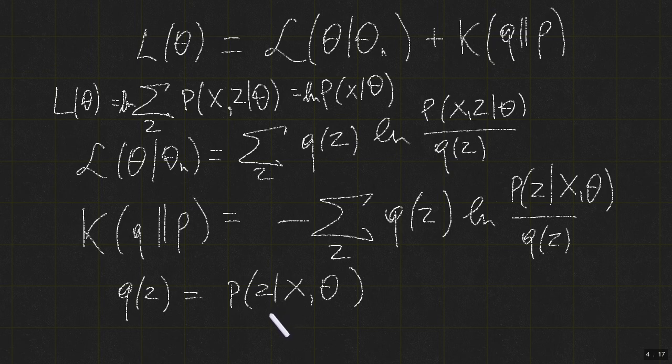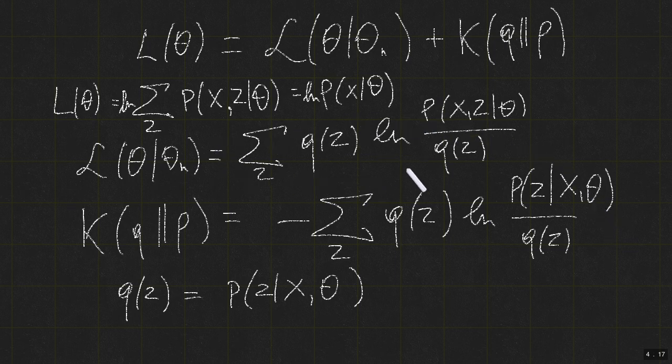Once we do that and plug in the estimate here, the KL divergence will become 0 because the distributions will be the same. We'll use the current estimate of theta.